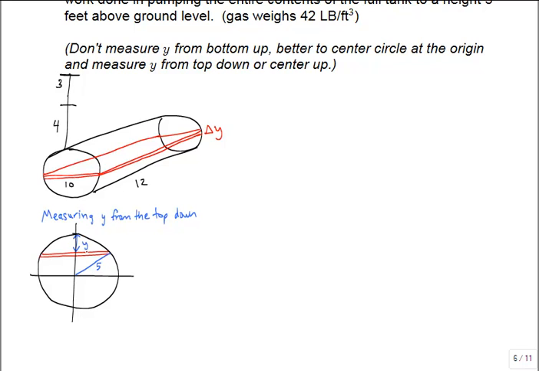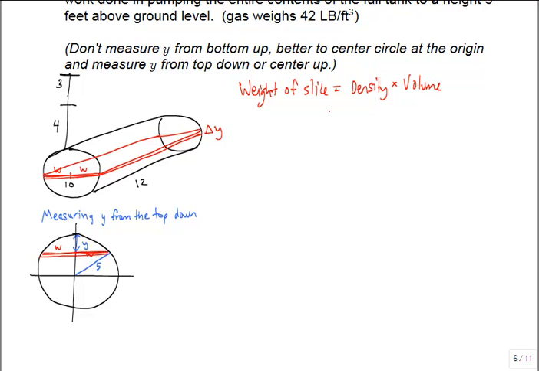So what we're going to do is we're going to call that width W, and I'm actually going to let W be the radius of that width. So I'm going to let W be this distance right here. So that would be this radius. So the entire width going across requires 2 of these W's. So to get the weight of our slice, we're going to take the density times the volume.